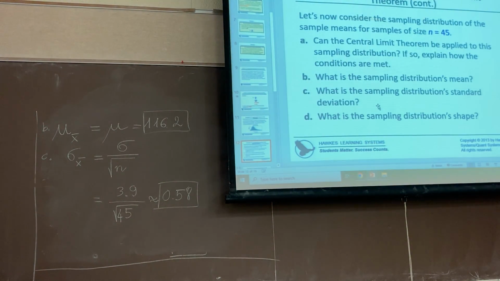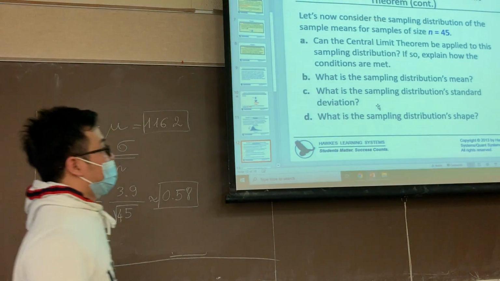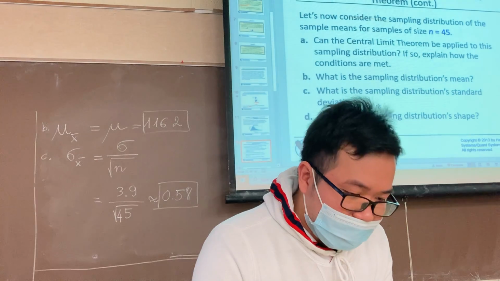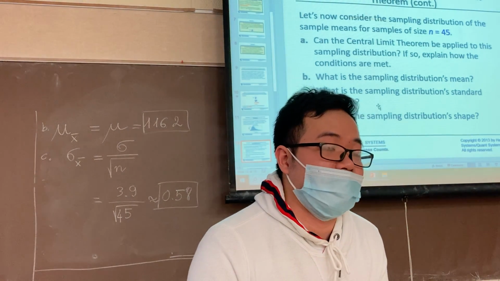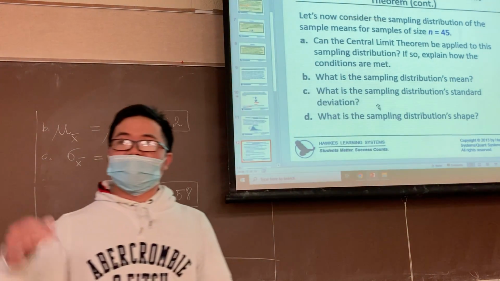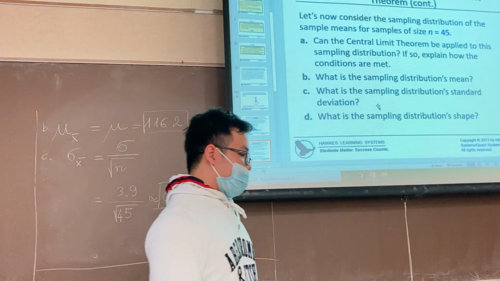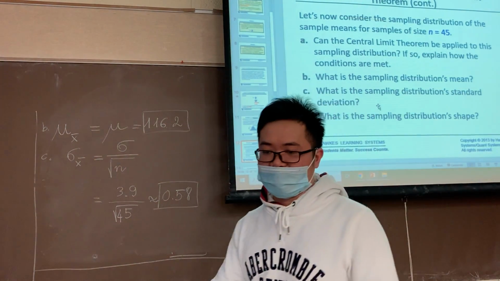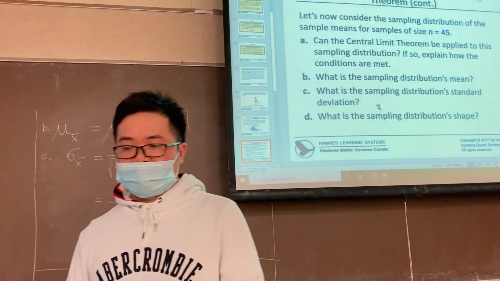And what is the sampling distribution shape? In this case, we can use the central limit theorem. We have three statements in the central limit theorem, right? The first one talks about the mean. The second one talks about the standard deviation. And the third statement talks about the shape.